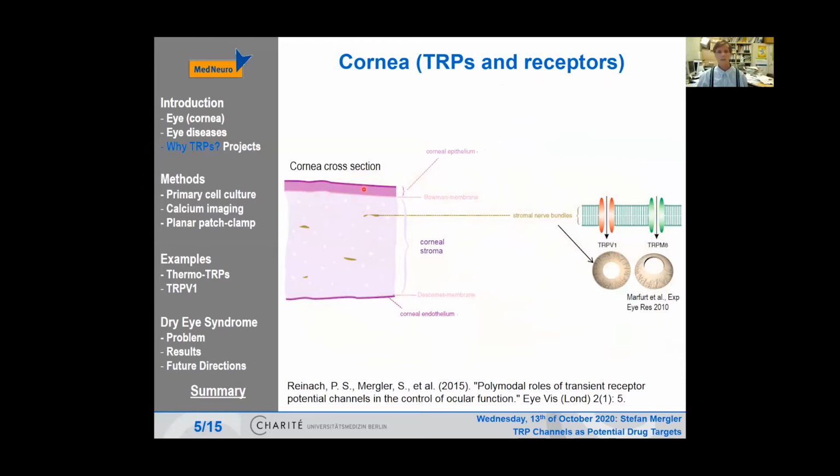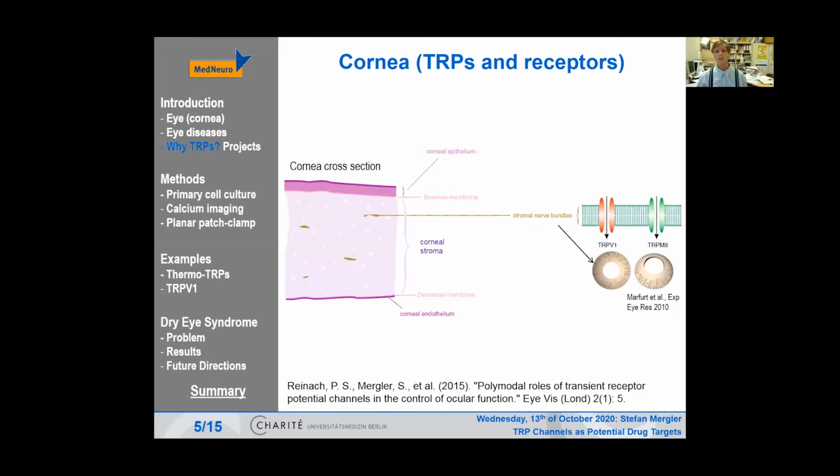Here again is a cross section of the cornea, and inside the cornea there are so-called nerve fibers or stromal nerve bundles. Here's a view of how it looks from the front. Look, the nerves are going radially. For your information, the pain receptor density is about 7,000 receptors per square millimeter.